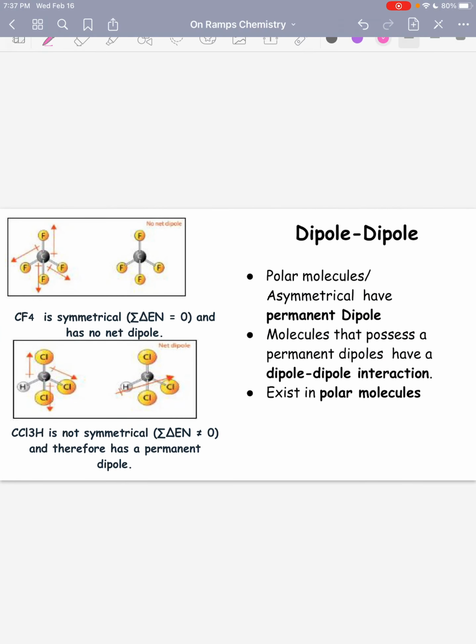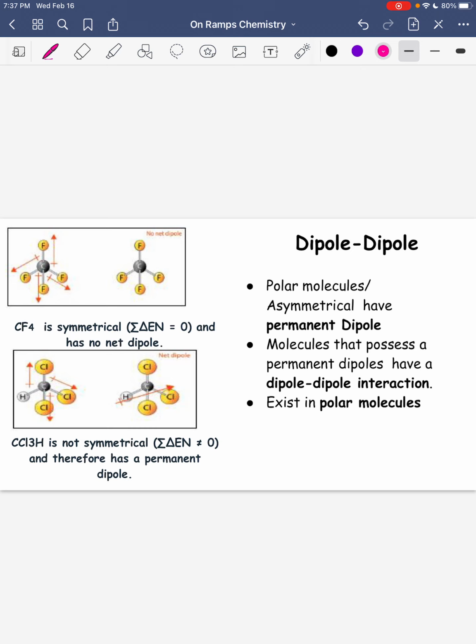So, as I said, dipole is between polar molecules. Only polar molecules can be dipole. So the asymmetrical molecules, meaning that they're not the same if you cut it in half, will have a permanent dipole. So if we look at CF4, it's symmetrical.